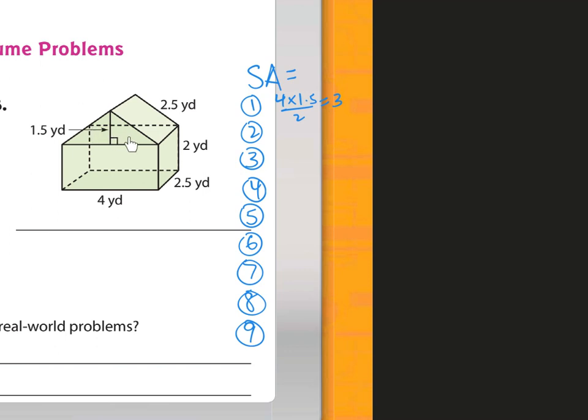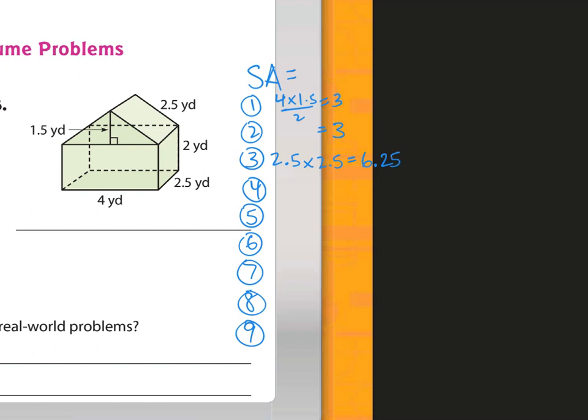The front is the same as the back, so we have 2 of these, which are going to be 3. Now the right-hand side here, that would be 2.5 times 2.5, which is 6.25.